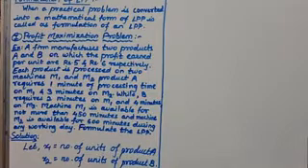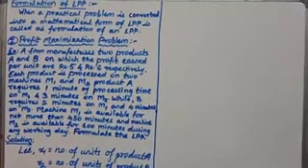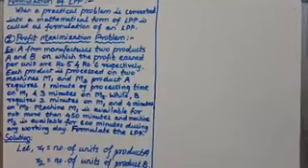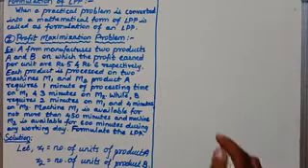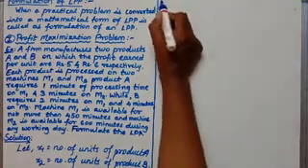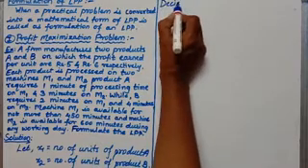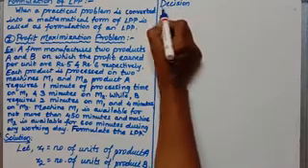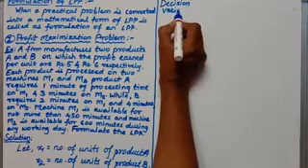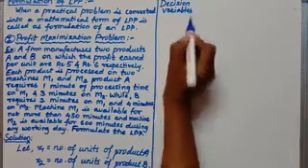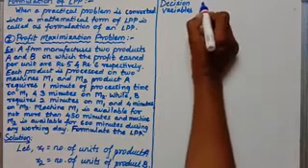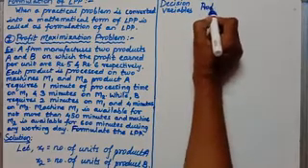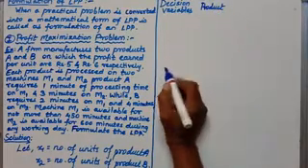Now, let me write a small table on these given conditions. I will write the decision variables, then the product.